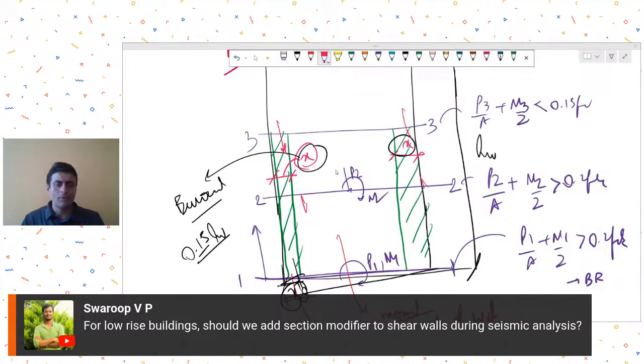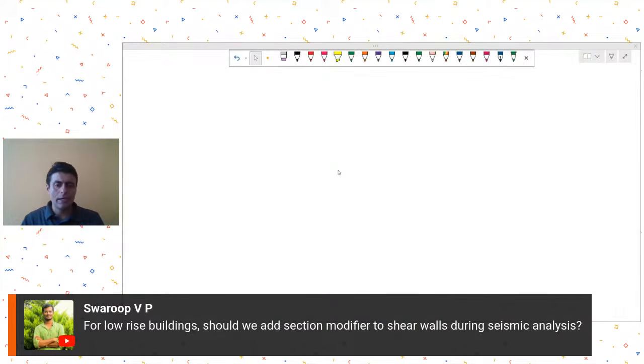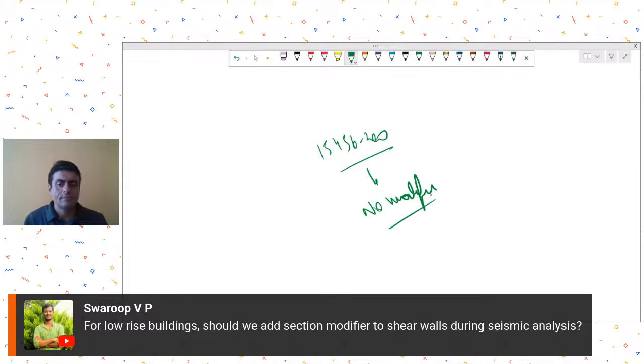Okay. Mr. Swaroop VP is asking, for low-rise buildings, should we add section modifiers to shear walls during seismic analysis? See, if you are doing it as per IS 456-2000, as of now, there is no requirement of modifiers. No modifiers are given. Of course, the ACI 318 tells you about the modifiers.